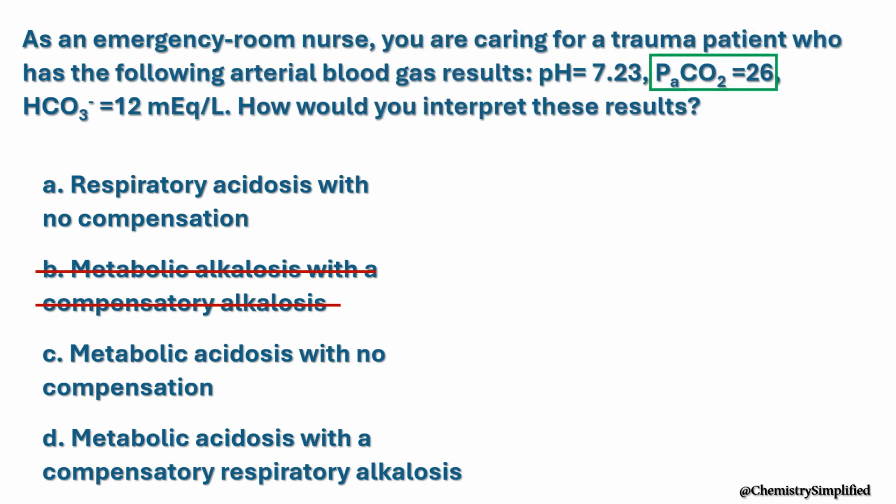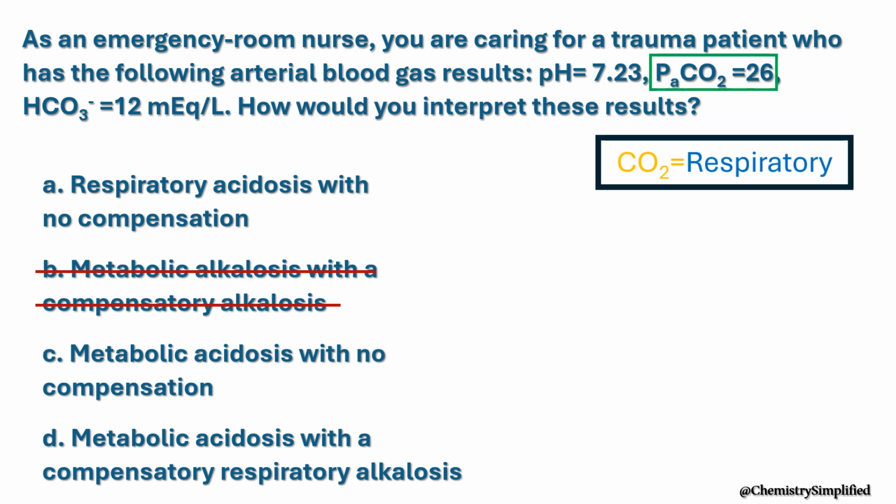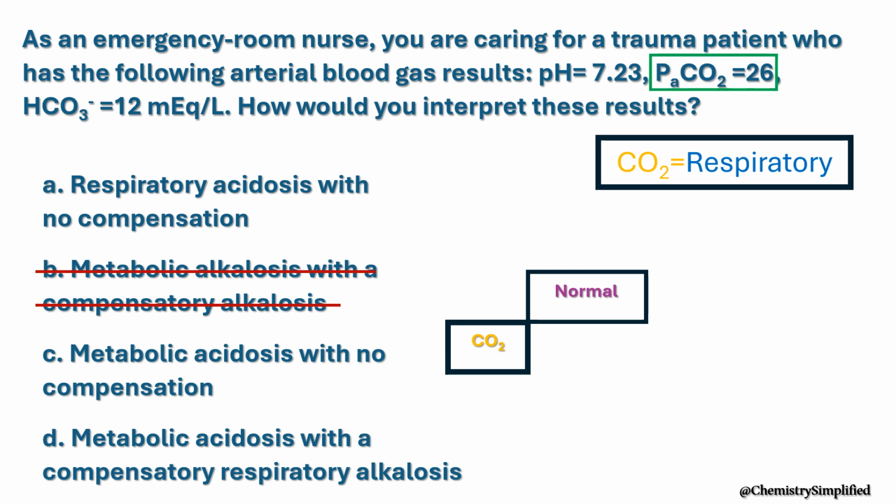Now let's look at partial pressure of carbon dioxide, which is 26. We know that carbon dioxide would tell us if we have a respiratory problem. Let's check that. Normal value for carbon dioxide is between 35 to 45.